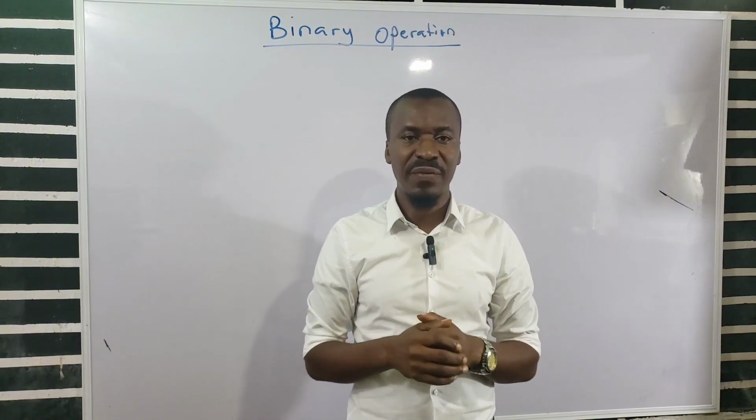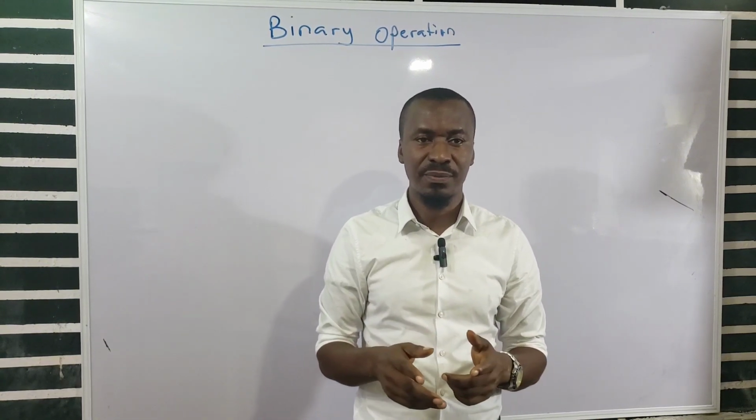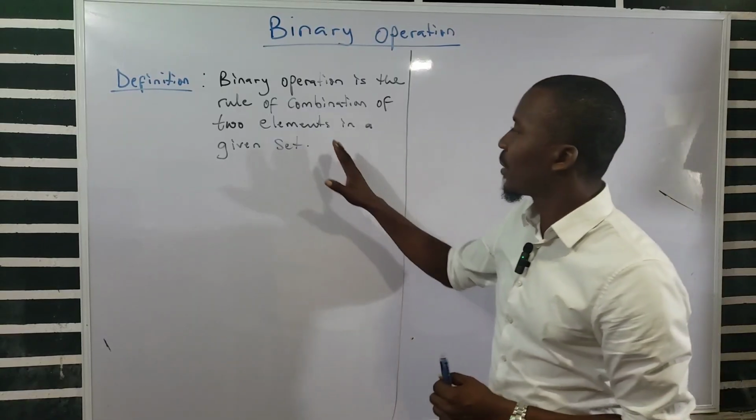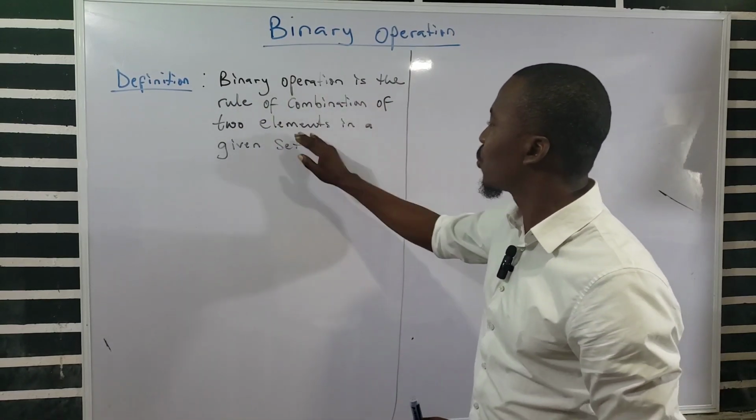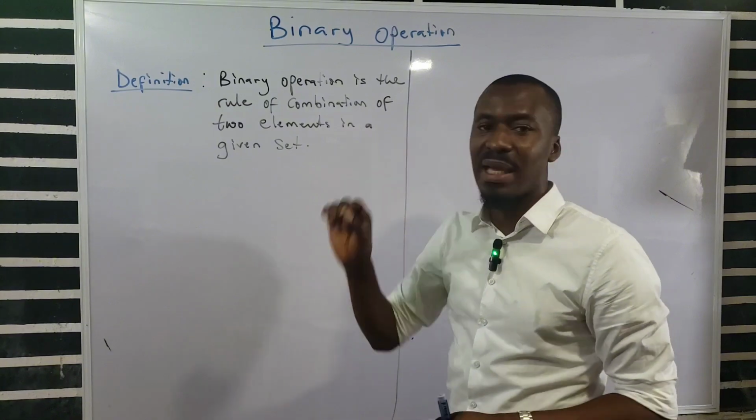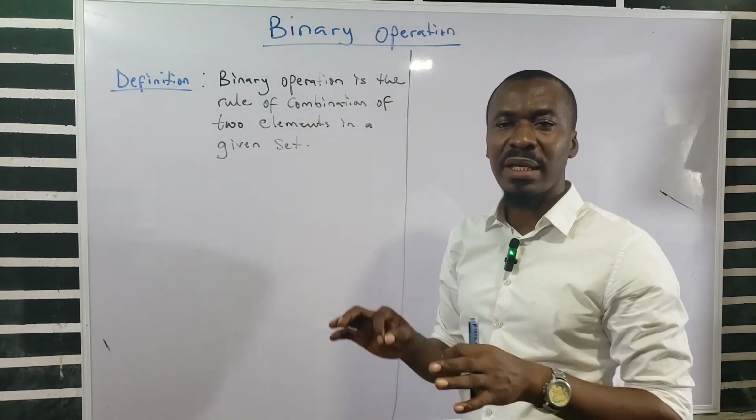Now, let us write the definition of binary operation. Binary operation is the rule of combination of two elements in a given set.